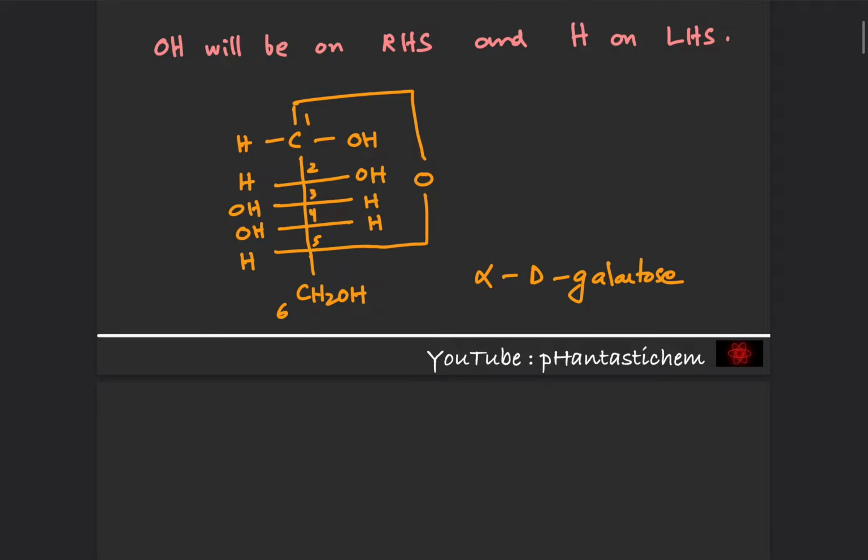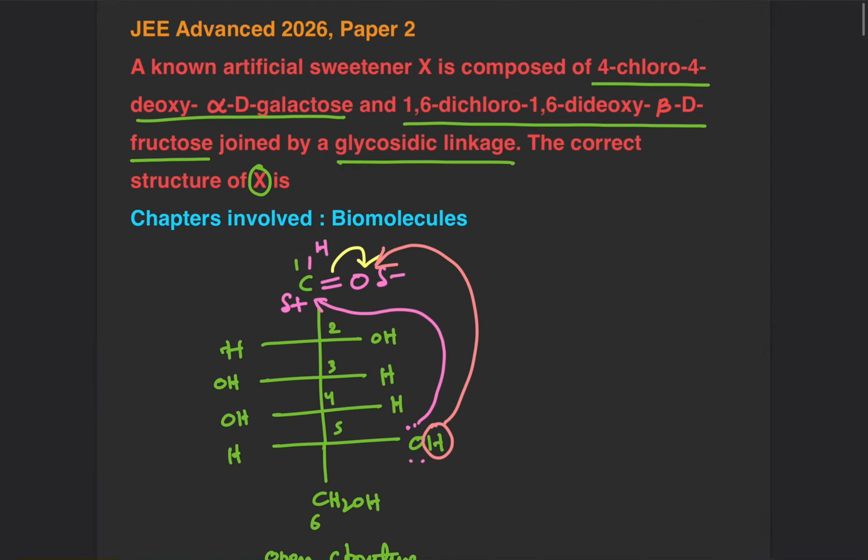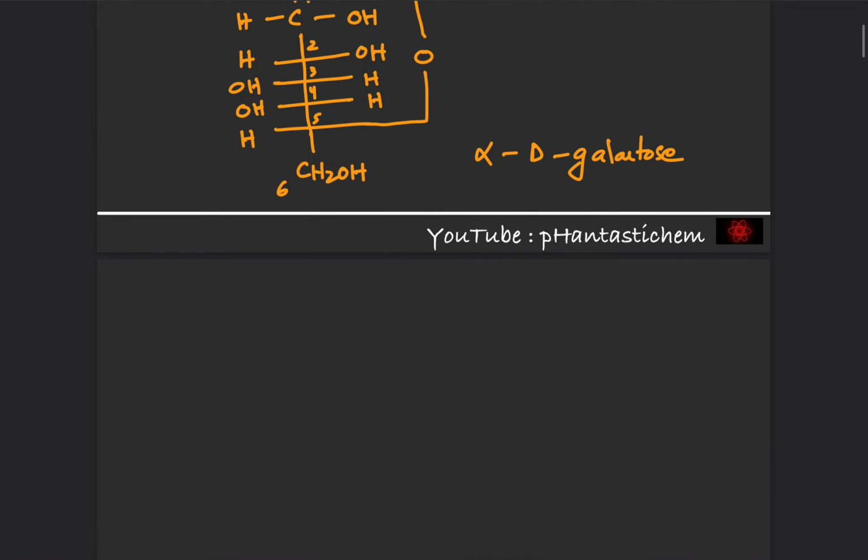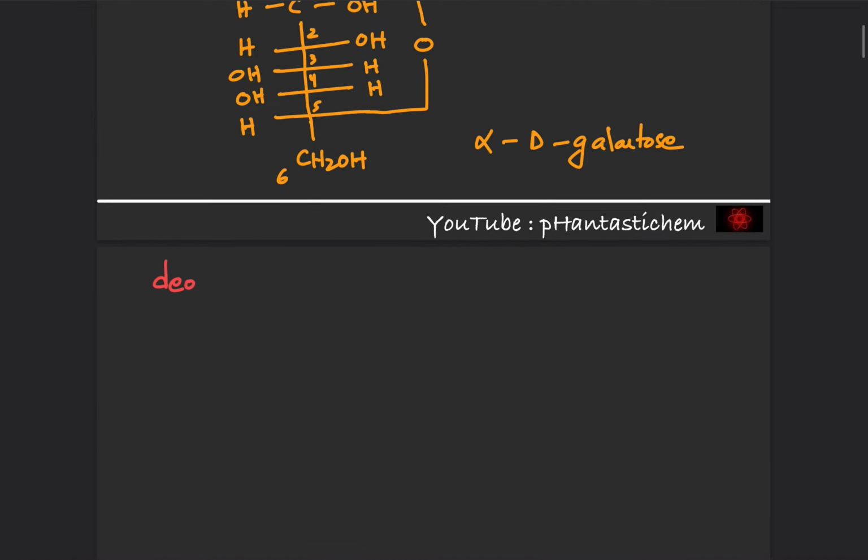Okay, now we have to obviously see that there is 4-chloro-4-deoxy before alpha D galactose also. So for the 4-chloro-4-deoxy part, we have to know one thing: to create a deoxy sugar, deoxy literally means to remove oxygen. By deoxy we mean to remove oxygen.